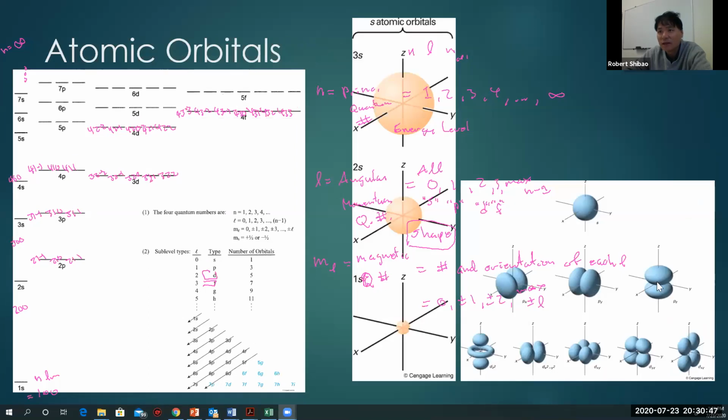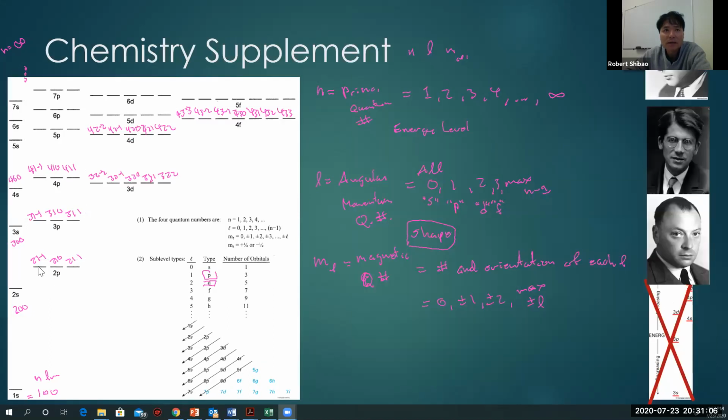They just have different orientations. Now the d's kind of look the same with different orientations except this one. This one's a bit different, but there are 5 different d ones: the negative 2, the negative 1, the 0, the positive 1, and the 2. And so we're just seeing the pattern right now.